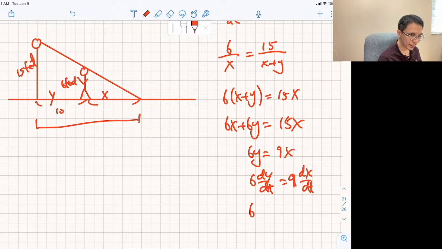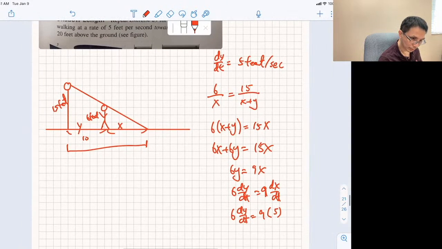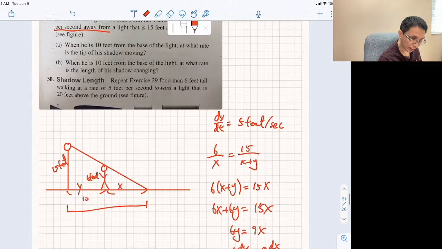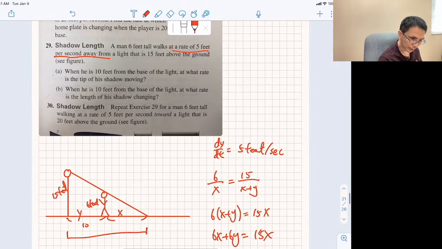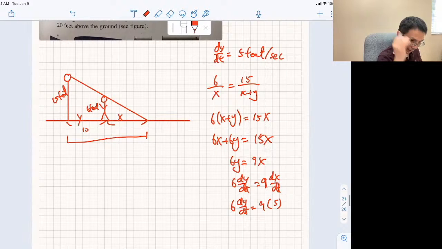Then 6 dy dt is equal to 9 times dx dt, which is I think 5, the walking away 5 feet per second. And dy dt is equal to 45 over 6.